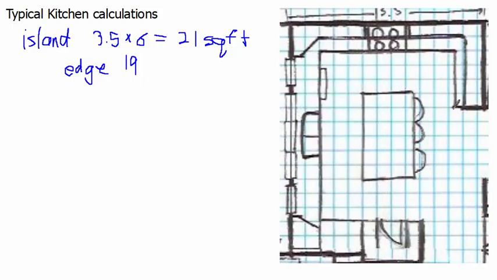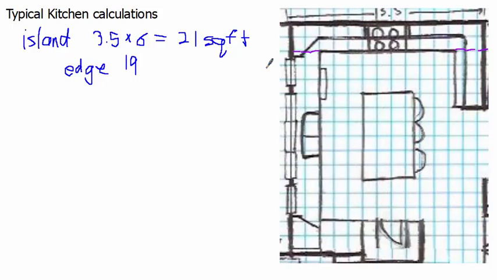Then I need to do the countertops. Well, the countertops go around a couple corners. So go ahead and decide that, well, I need to split these, and I'm going to split this guy here, and so I'm just going to go here and here.